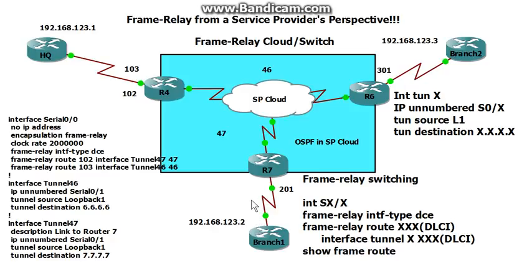So I did some research, tried to figure it out, and these are the commands that I'm going to be putting on R4. Everything else is configured, and you're just waiting for this to be put in, and then we'll have frame relay connections. Also, from a service provider's perspective, only these edge routers need to be set up for frame relay. This cloud right here, which is actually a router, connecting these edge routers, has no idea about frame relay.